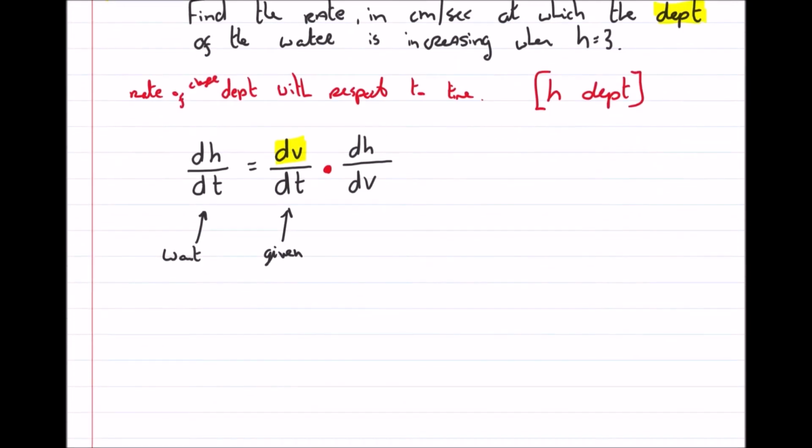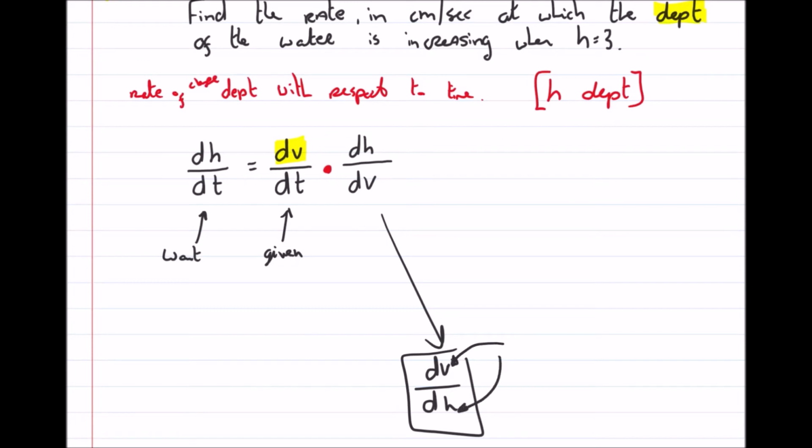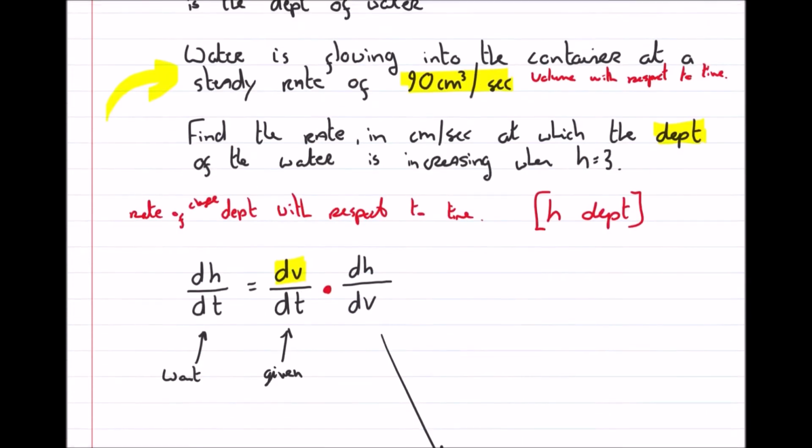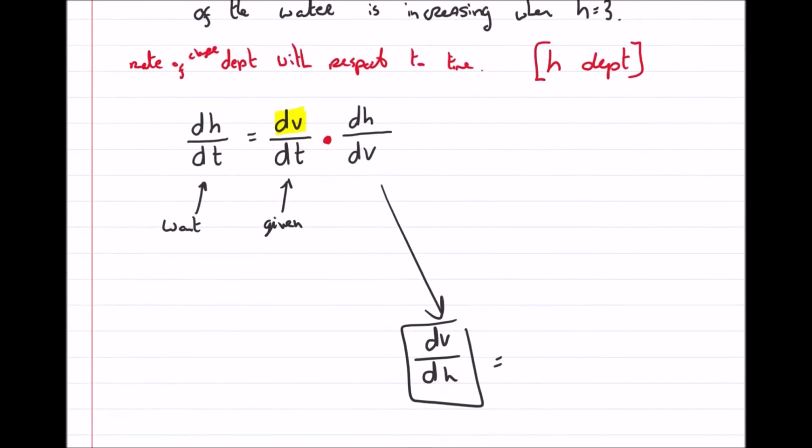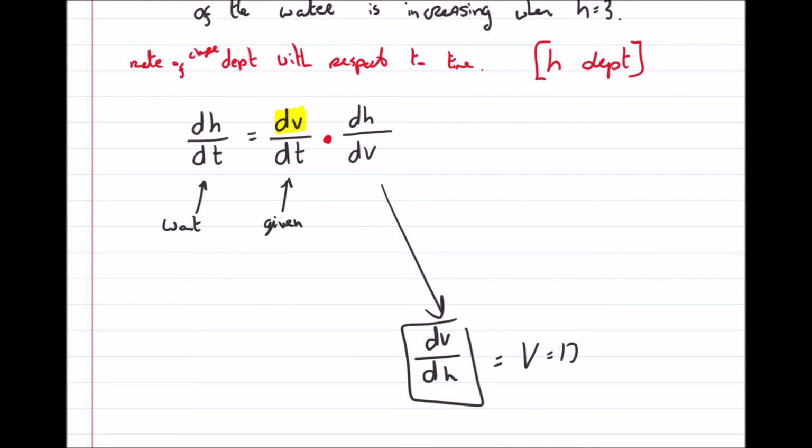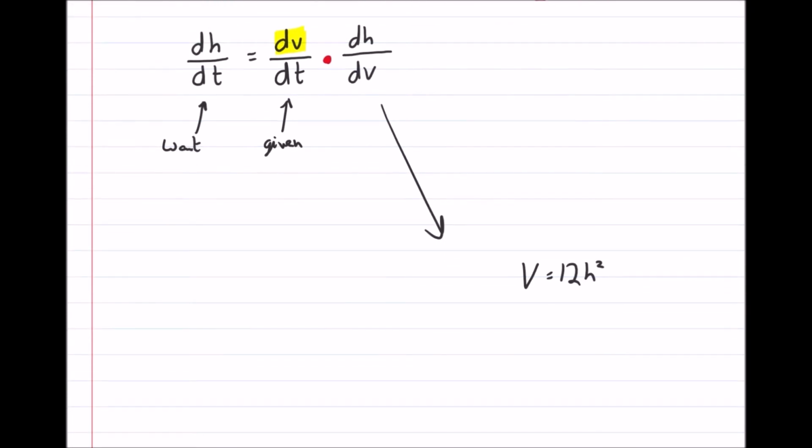Okay, so let's just go down here. I have a function that will give me the volume in relation to the depth. Okay, so notice it's the volume now on top in relation to the depth. And that is V equals 12h squared. Okay, sorry, there shouldn't be a d there.